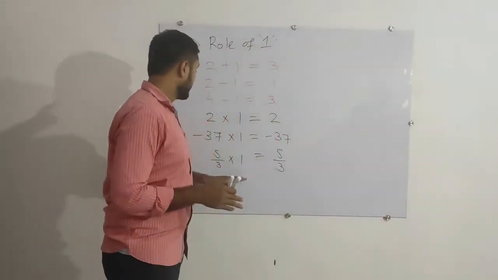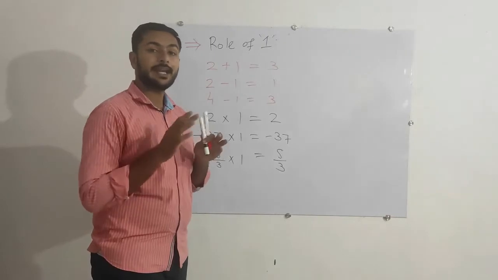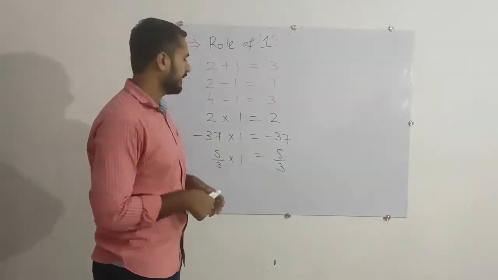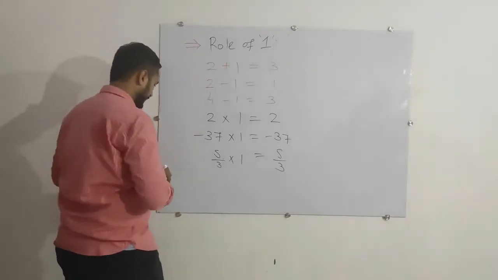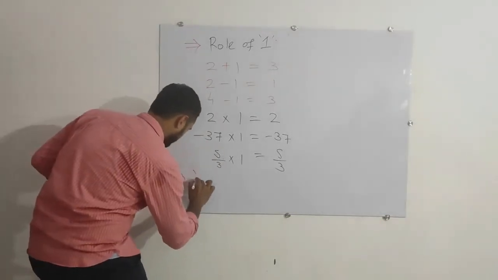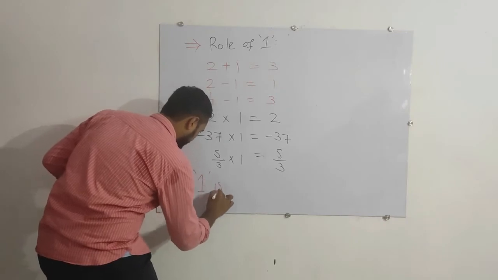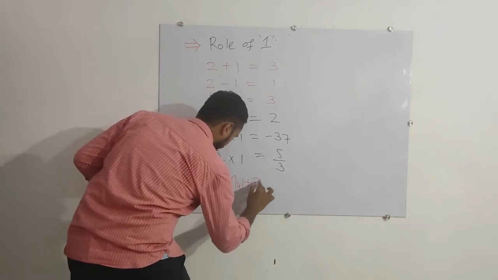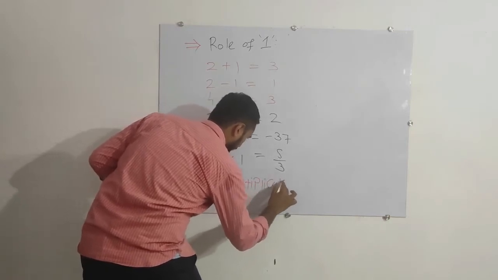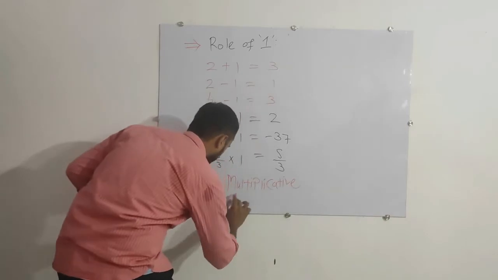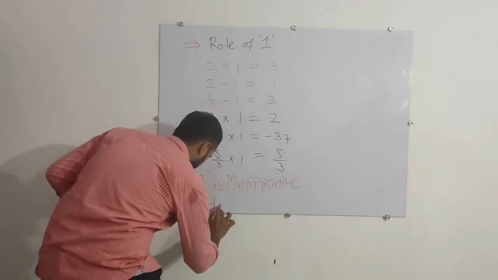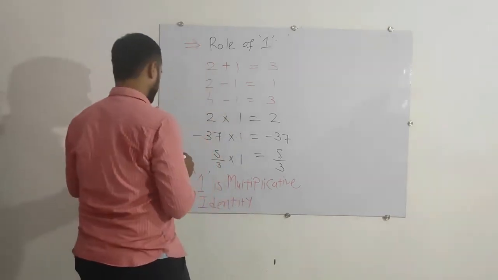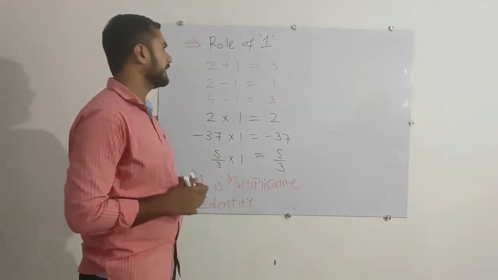So in multiplication, we get the same answer if we multiply by 1. It means 1 is the multiplicative identity.